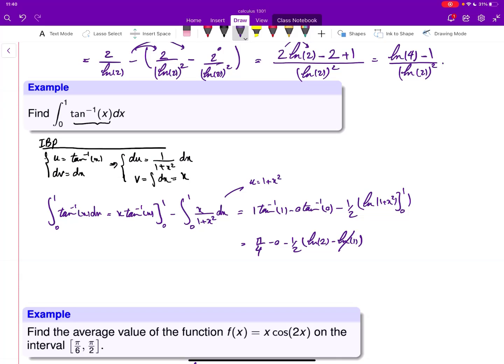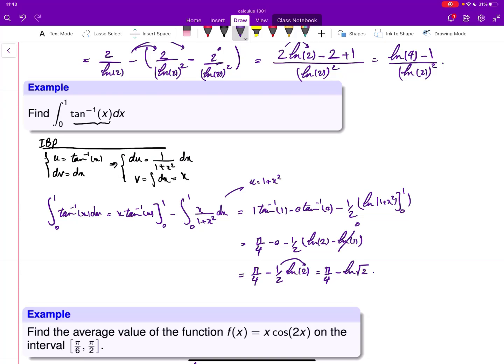Yes, so this is 0. So what we find here is pi over 4 minus half of ln 2. Well, we can use properties of ln and take this as a power up there, and what we will get is minus ln of root 2.